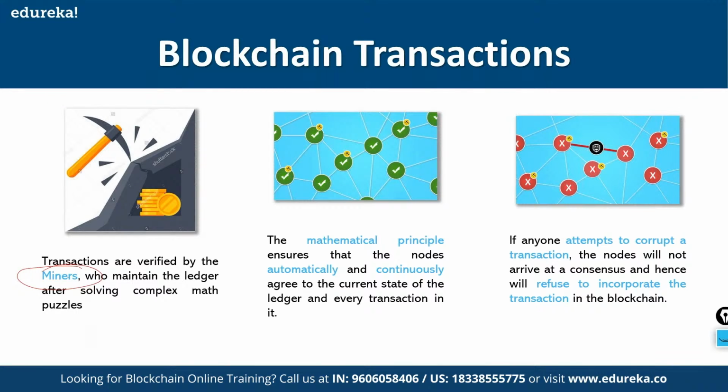See, there may be 10 miners, 100 miners, 1 crore miners, or a million miners, doesn't matter. But there will be only one person who is going to find that number which matches with the software. And that person is said to be creating the block inside the blockchain. And this is a cyclic process which keeps on happening every 10 minutes. Okay, there will be a random number set by the software.